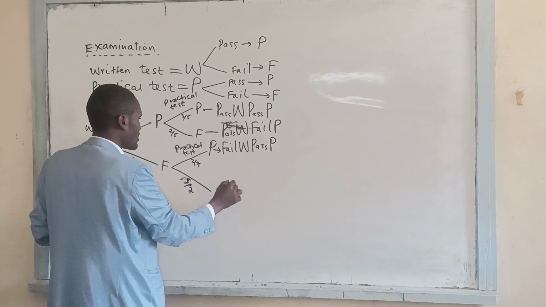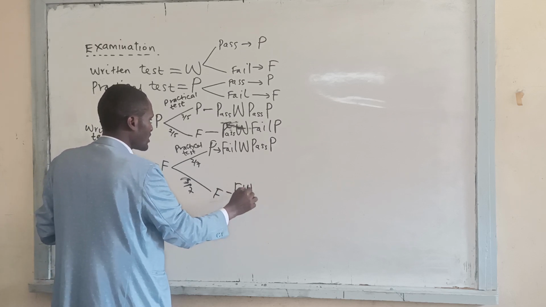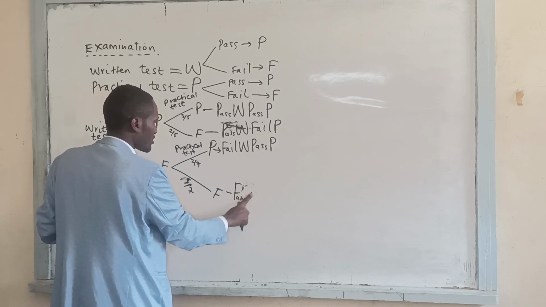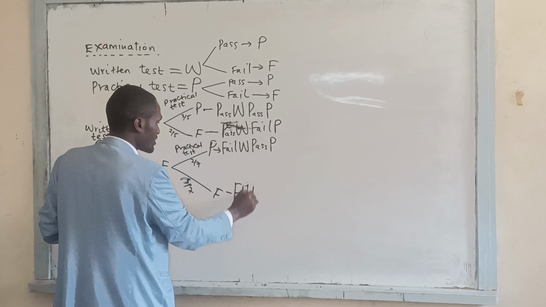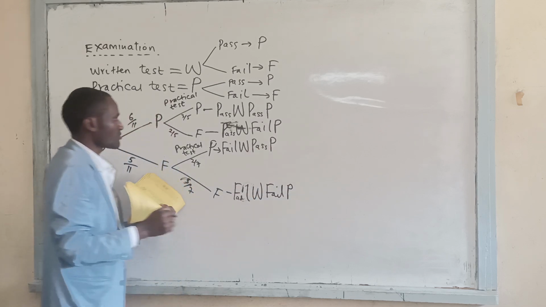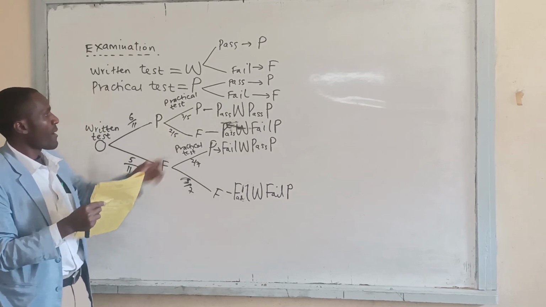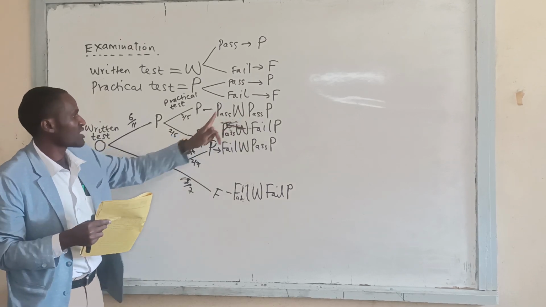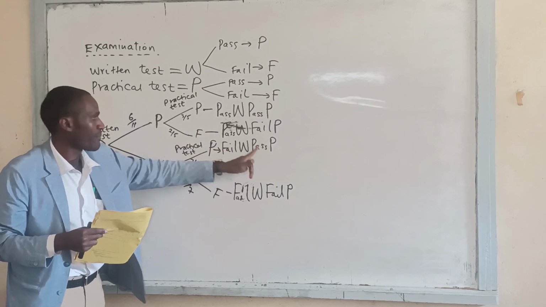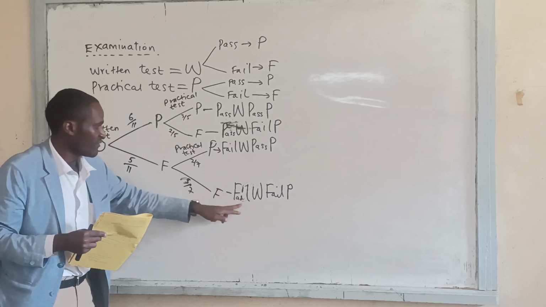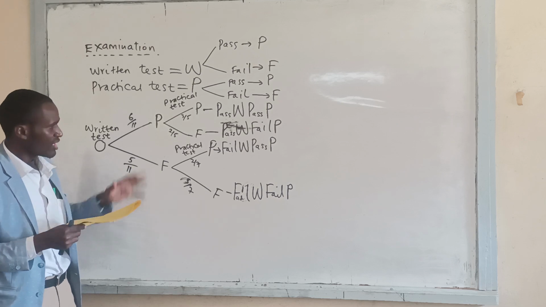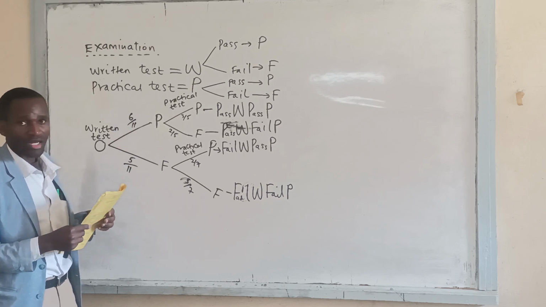Or this, fail written test and also fail practical test. So: pass written test, pass practical test. Pass written test, fail practical test. Fail written test, pass practical test. Fail written test, fail practical test. So that is our tree diagram that can allow you to get 2 marks.